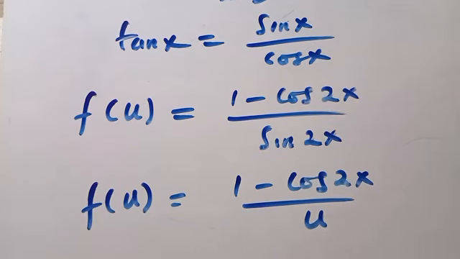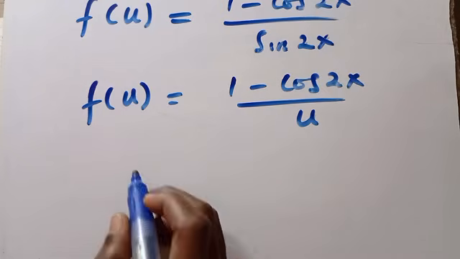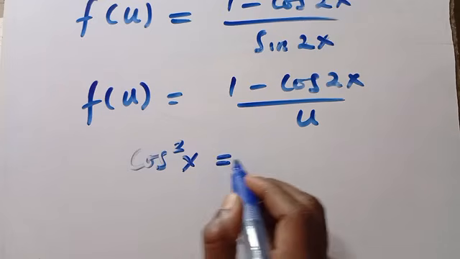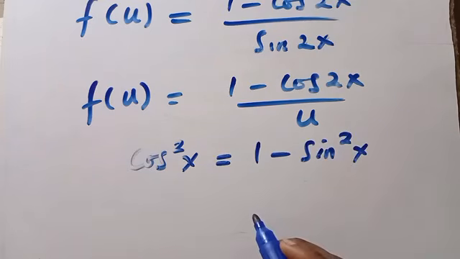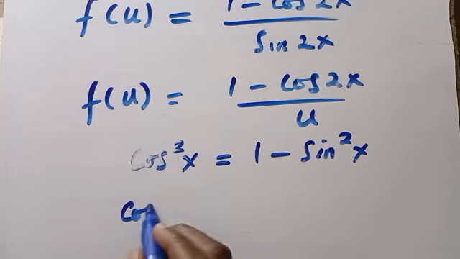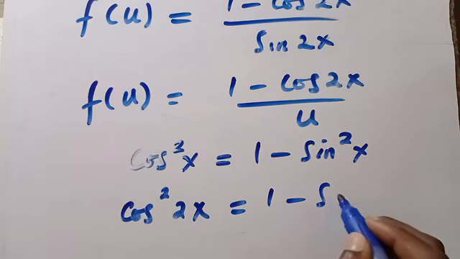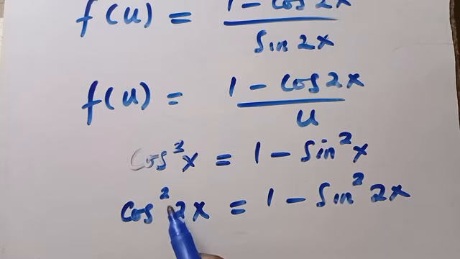If you recall from the trigonometric identity, cos squared x equals 1 minus sine squared x. Similarly, cos squared 2x equals 1 minus sine squared 2x. We need only cos 2x, and here is cos squared 2x, so we have to take the square root of both sides.